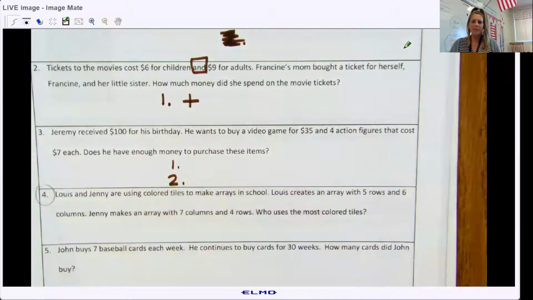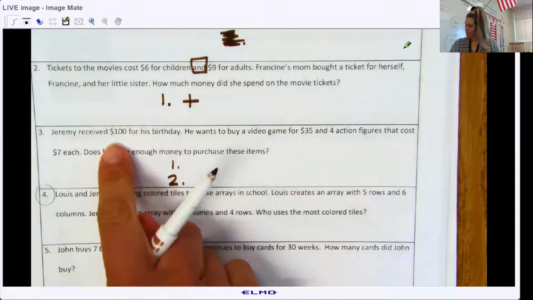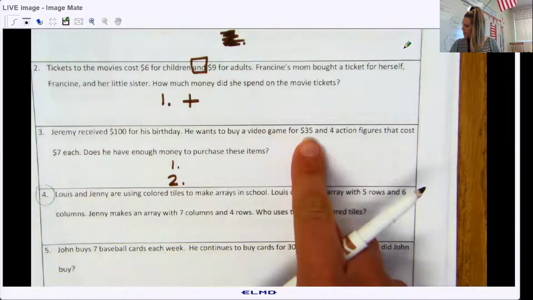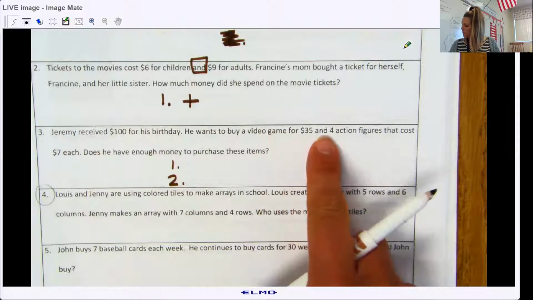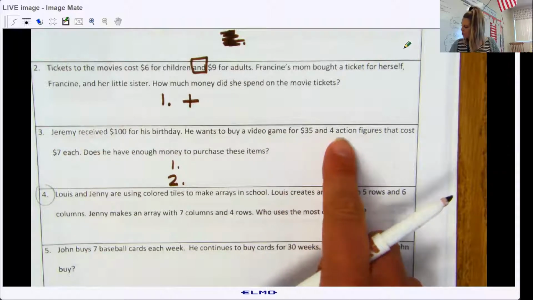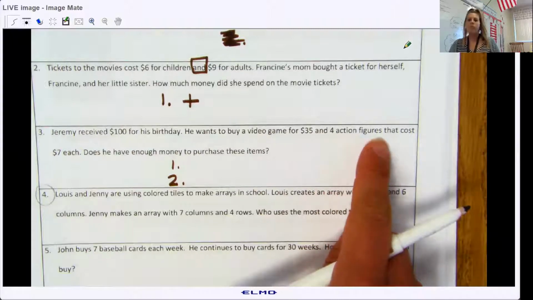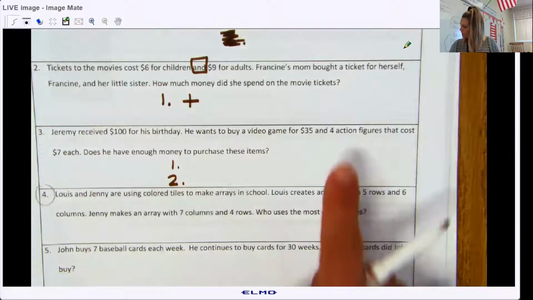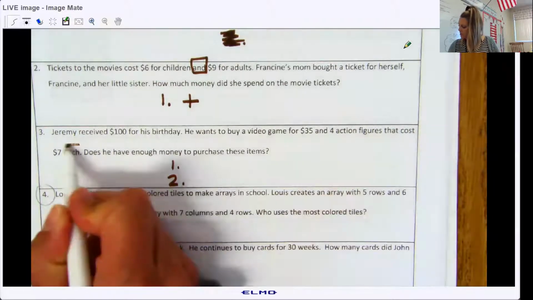And what are the operations that we're going to use? What did you box? Well, let's see. We know he has $100. And he wants to buy a video game for $35 and 4 action figures that cost $7 each. Okay, 4 action figures that cost $7 each.